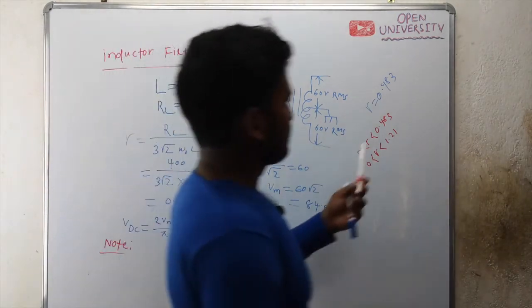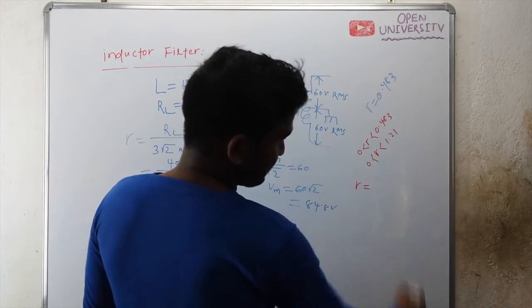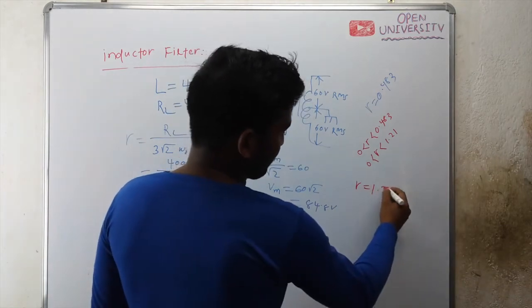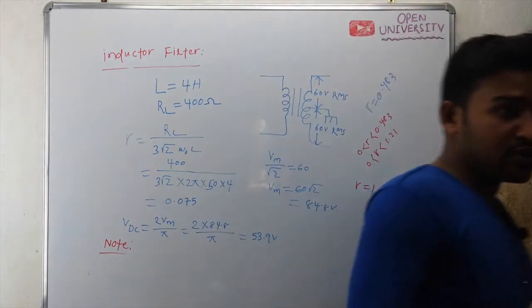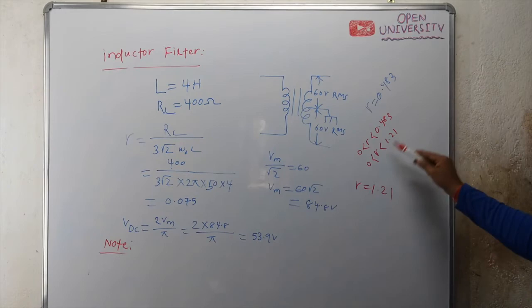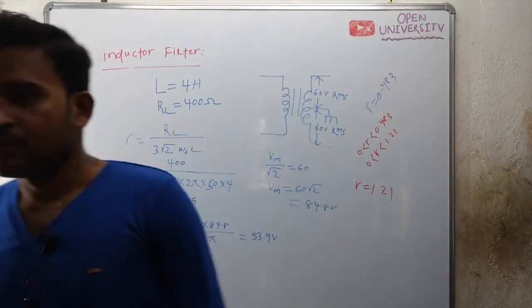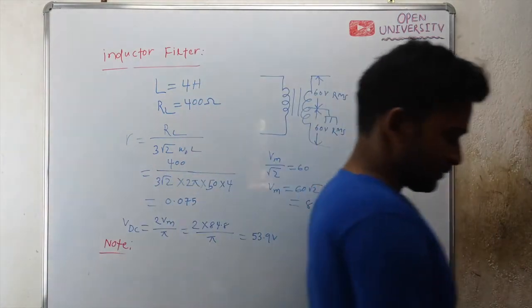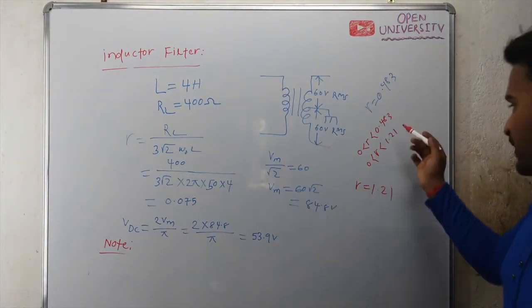That means if you do not connect a half wave rectifier with any filter, the ripple factor is 1.21. But if you connect a half wave rectifier with some filter, then your ripple factor will be somewhere between 0 and 1.21. It will be reduced, because the AC component will be removed by the filter. That's why ripple factor gets reduced.